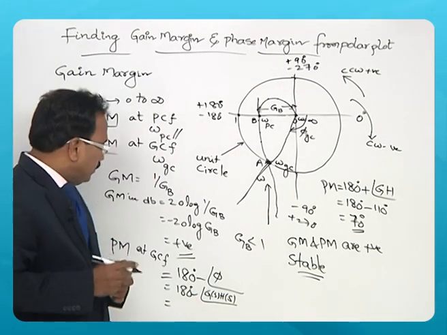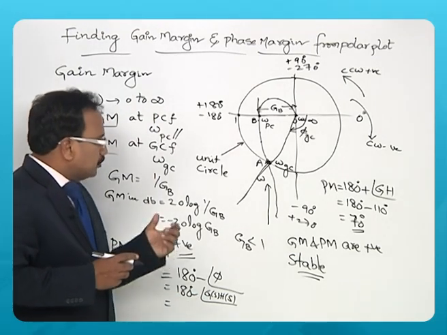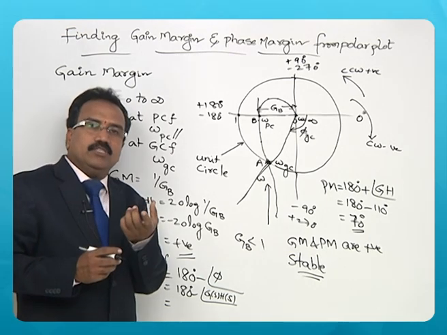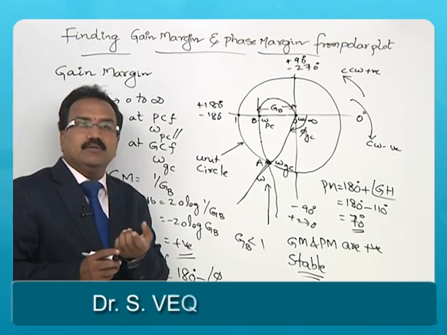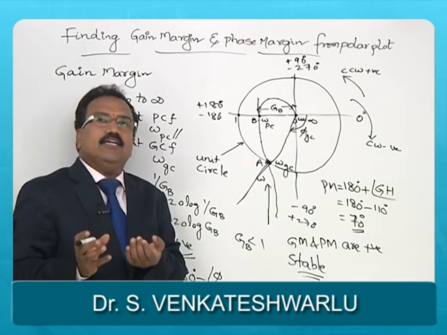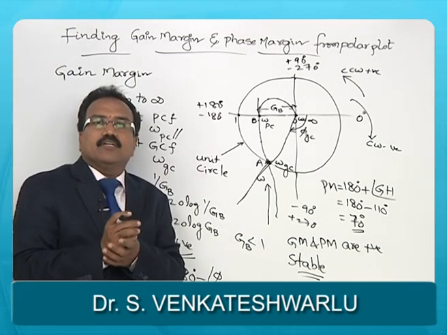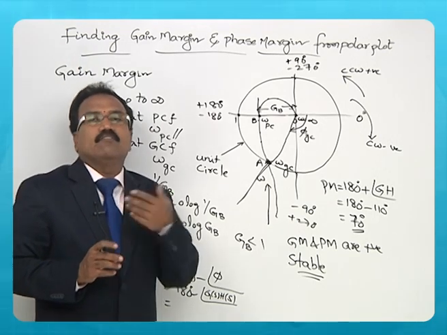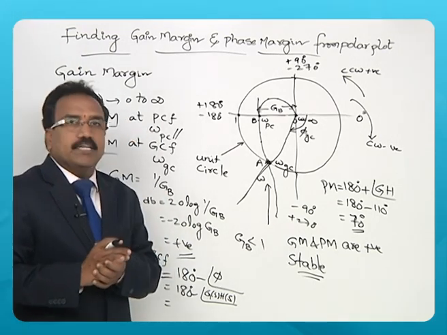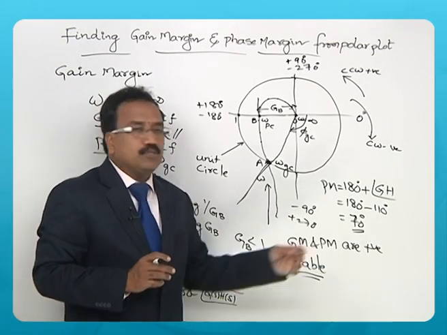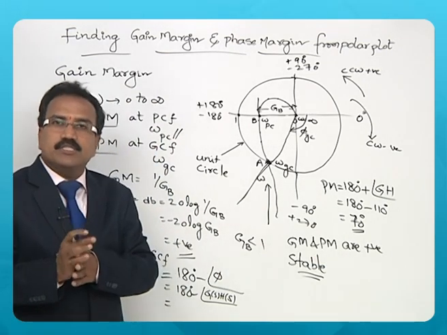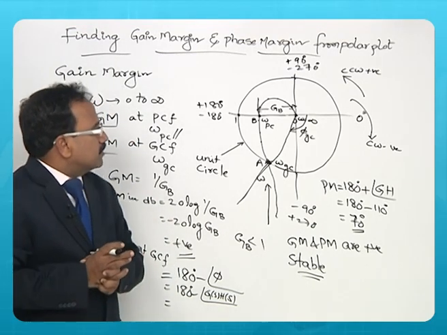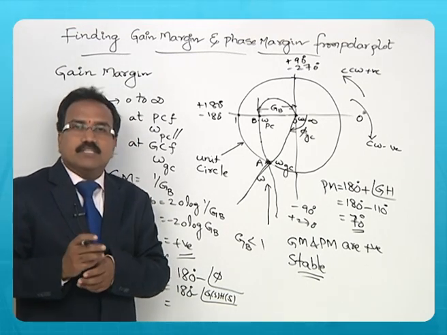The indication is, if you get a gain margin of some value in decibels that is a positive value, you can add that much gain still to the system without affecting the stability, or the system may go to the verge of stability. Similarly, phase margin also should be positive for the system to be stable. Both gain margin and phase margin of the system should be positive for stability.